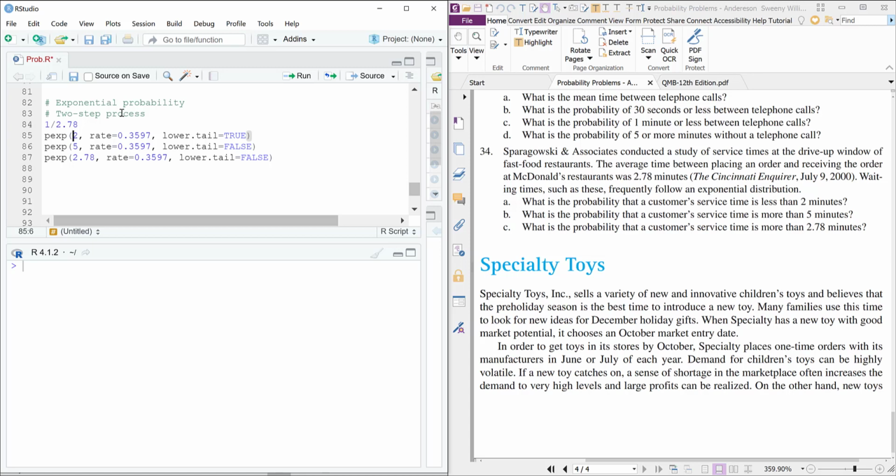So when we talk about the number of occurrences, let's say 2, 3, if we take their inverse, that is the time that it takes to serve each customer. Or let's say at a McDonald's they can serve 4 customers in 1 minute. Now 4 customers, that's the number of occurrences.